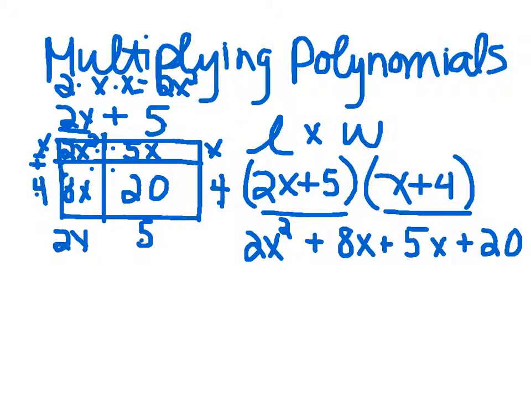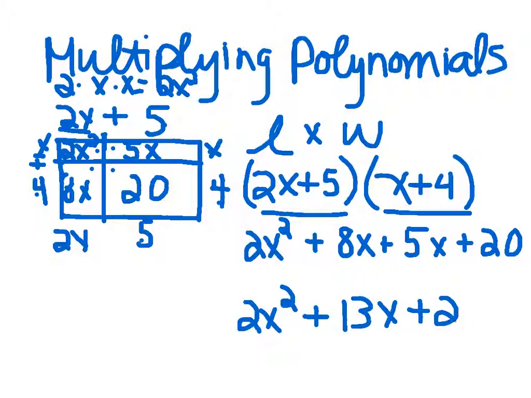And clearly I can then combine the like terms and get 2x squared plus 13x plus 20. Remember we thought it was going to be, or some of you may have thought it would be just 2x squared plus 20, but that would have left out this entire area and this entire area.